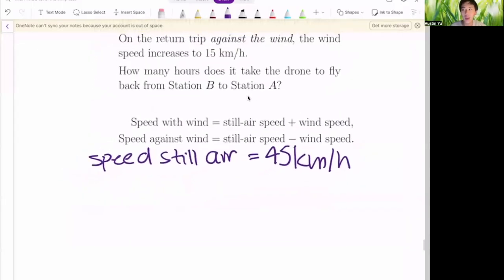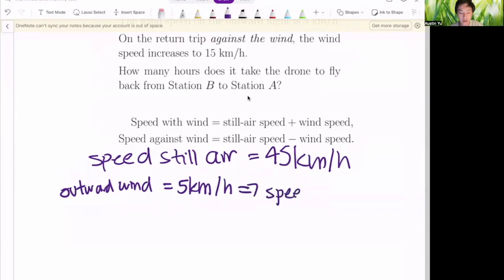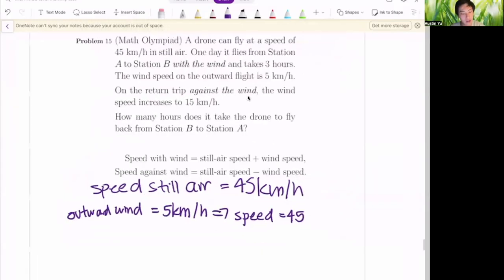And the outward wind is going to be 5 kilometers an hour. Since the speed of the still air is 45, plus 5, since the wind speed on the outward flight is 5 kilometers an hour, that is going to give you 50 kilometers an hour for the outward flight.